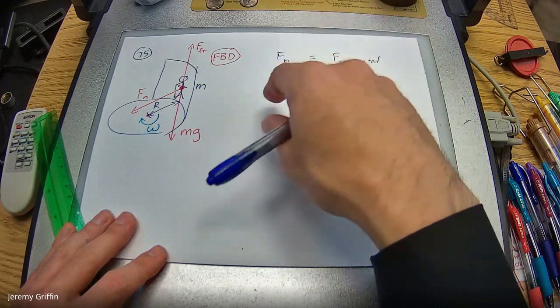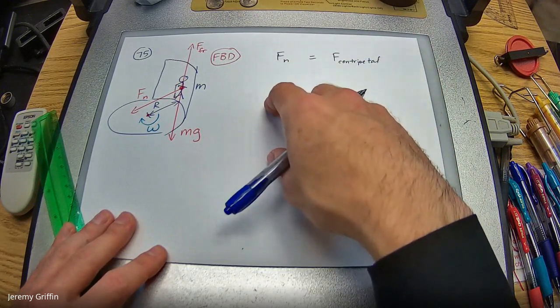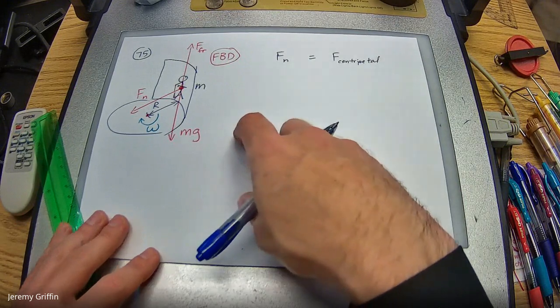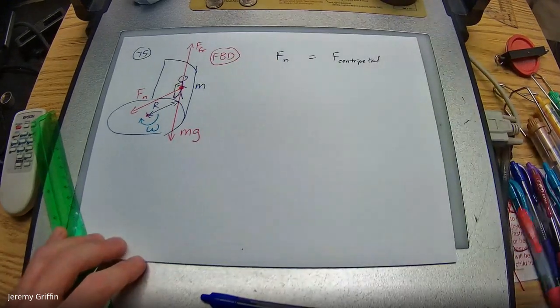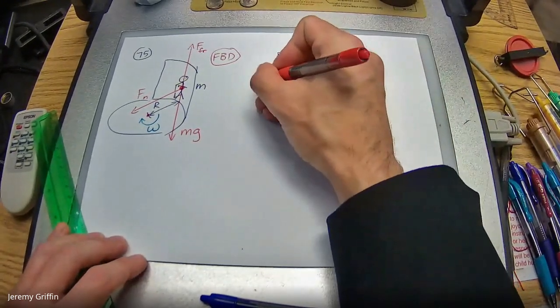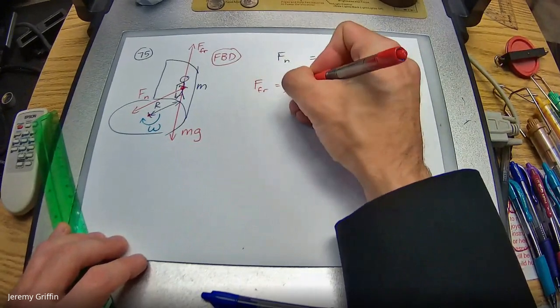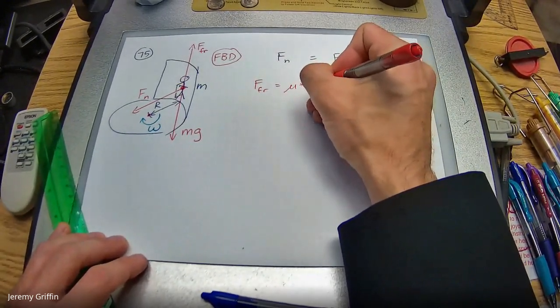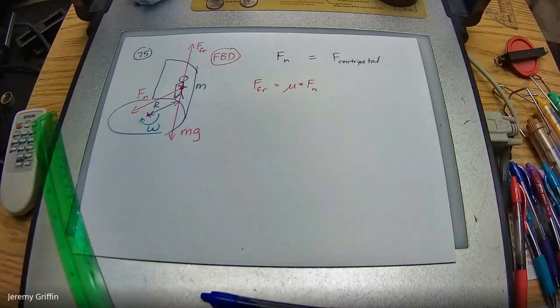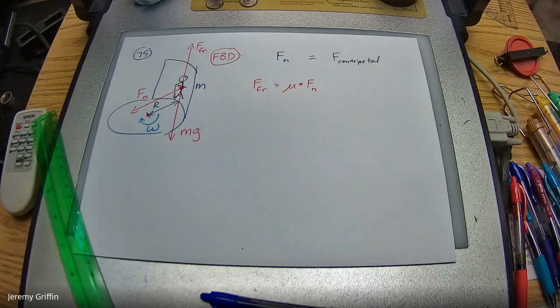Isn't normal force related to friction force through the coefficient of friction? You guys know that friction force is equal to coefficient of friction times the normal force? I did this earlier today, and I had no problems doing it.